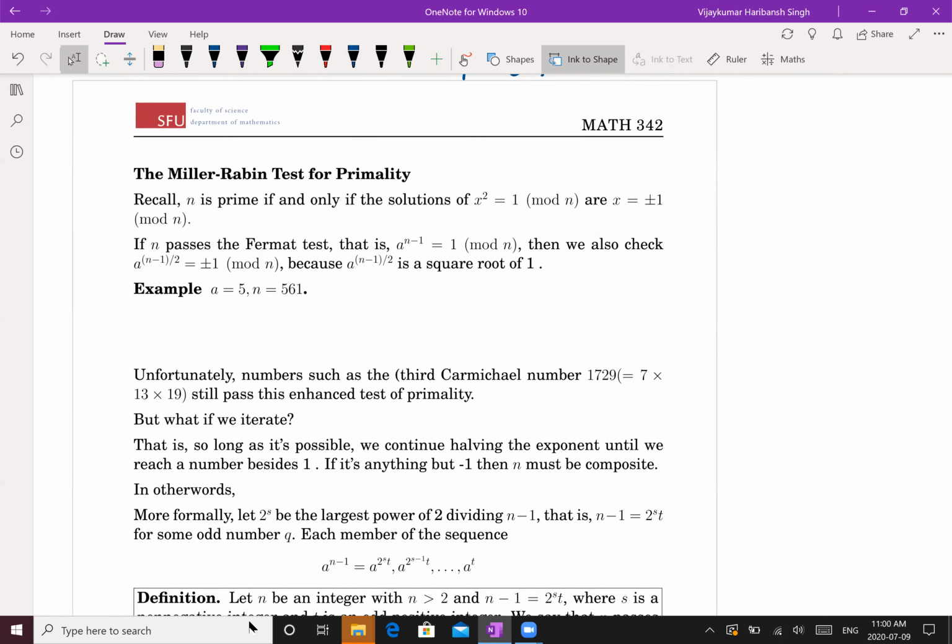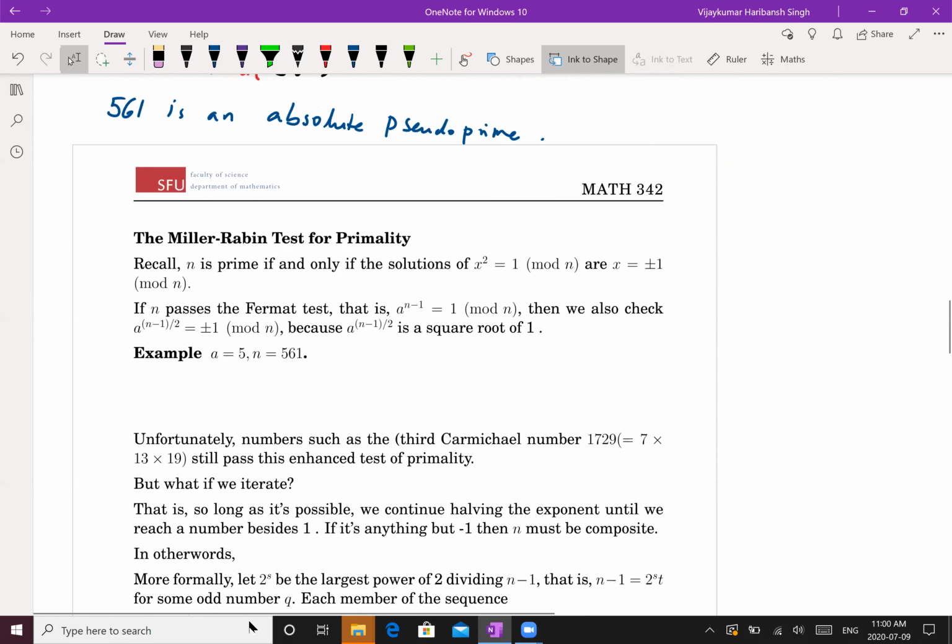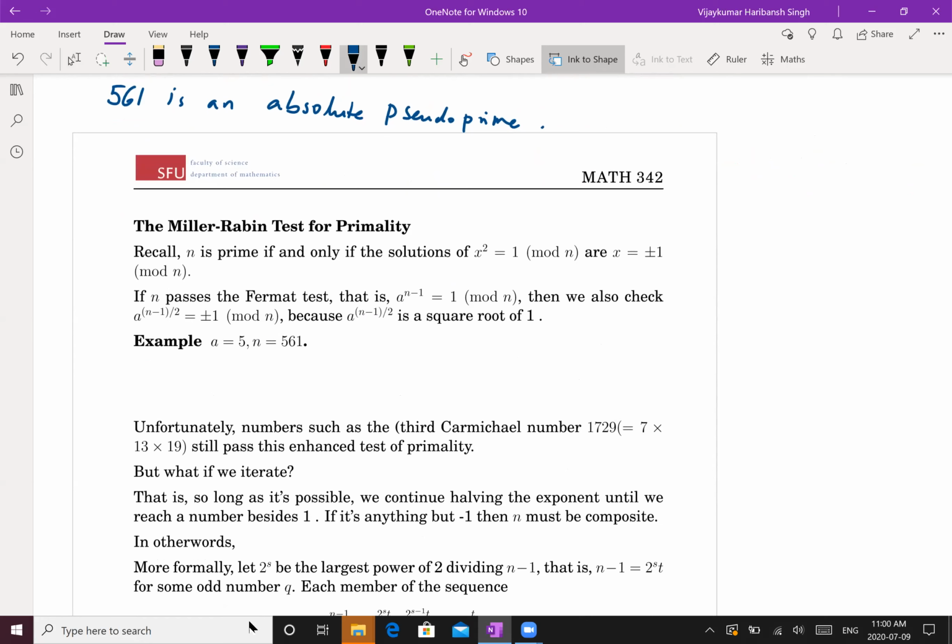However, recall, we can try to salvage a little bit of this in the following way. If n is a prime, then x squared congruent to 1 mod n has only solutions x congruent to plus or minus 1 mod n.